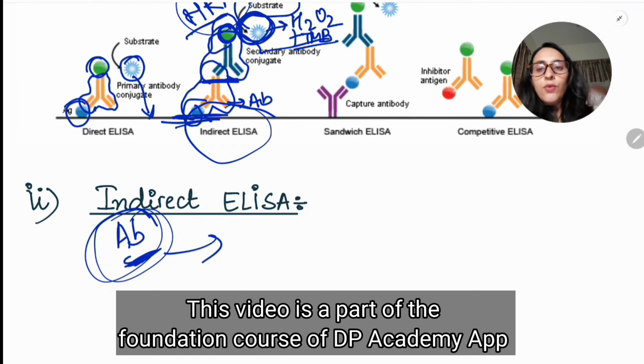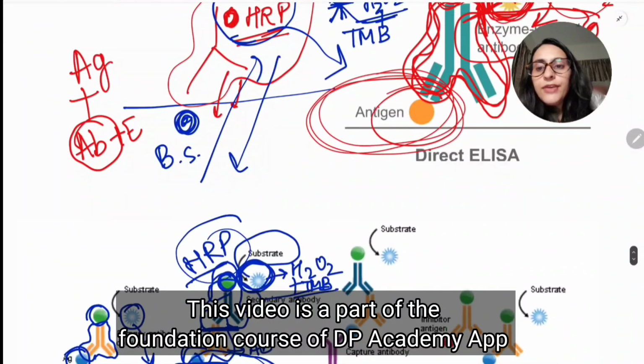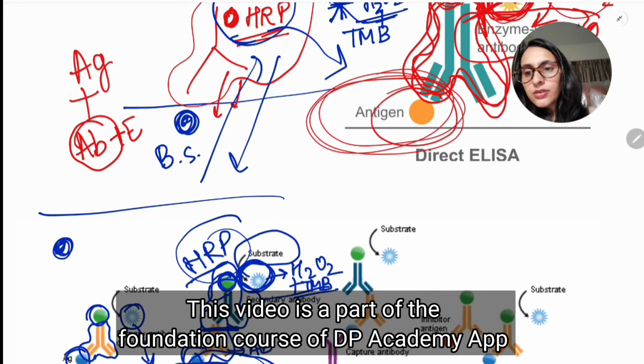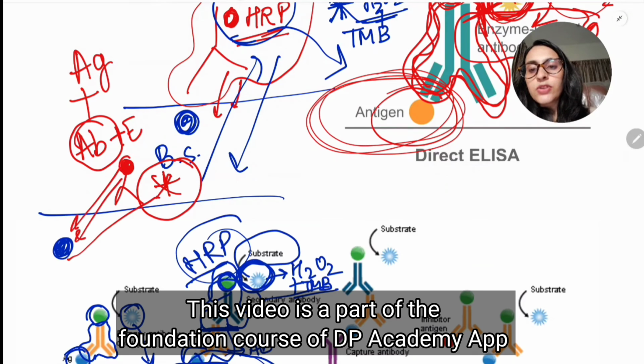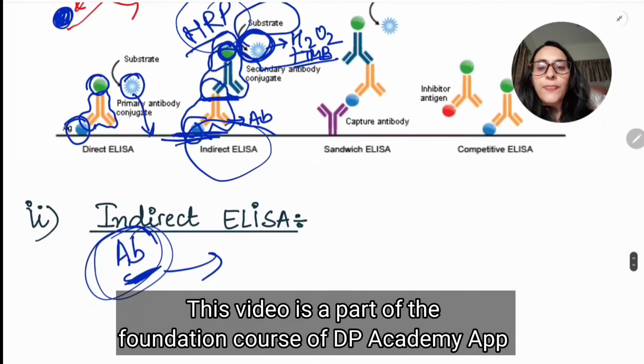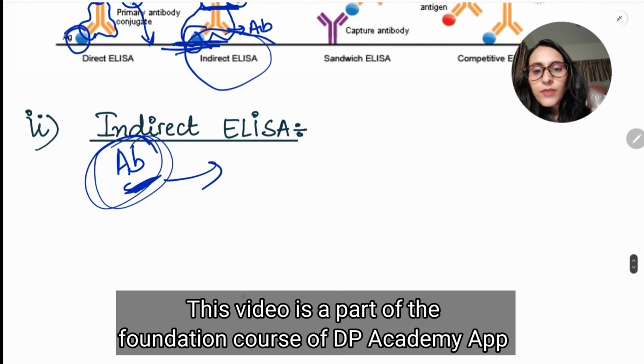This is indirect ELISA. What is direct ELISA? We take the antigen from the patient. Antibody is with the enzyme. Then we have the substrate. Substrate contains hydrogen peroxide. When we add the substrate, when antigen-antibody reaction occurs, because the enzyme is present on the antibody, it is going to change the color. Indirect ELISA is, we have antigen.